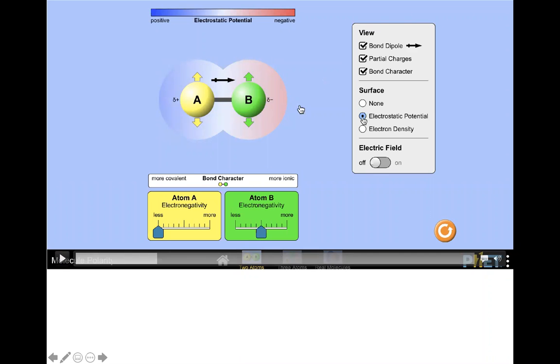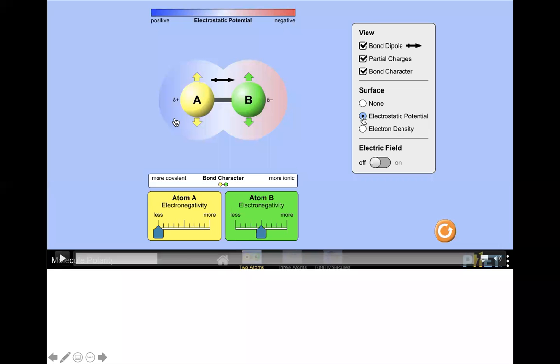Partial charges, that corresponds to that small sigma minus and sigma plus. Bond character, that's this description here between covalent and ionic. And electrostatic potential is showing me this side is more negative and this side is more positive.